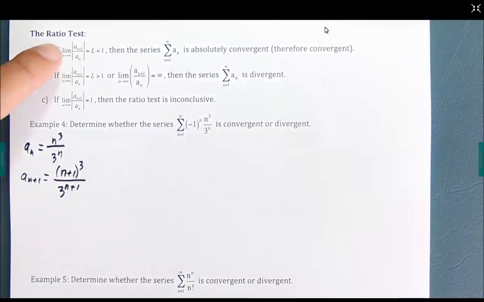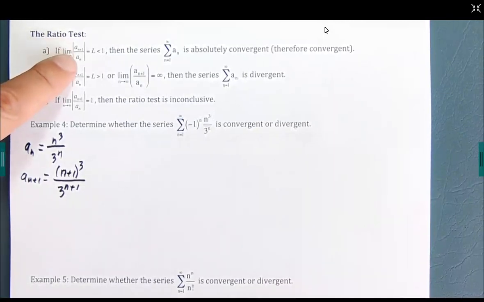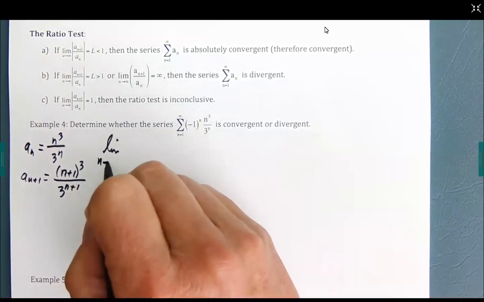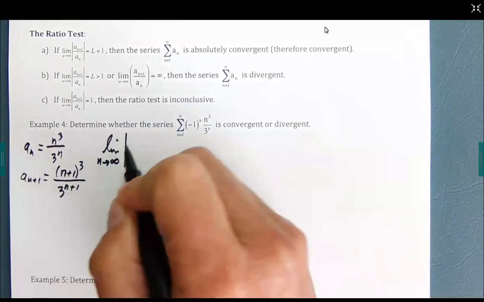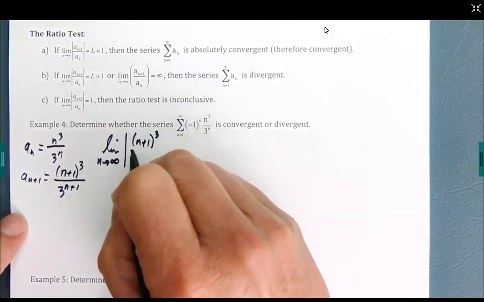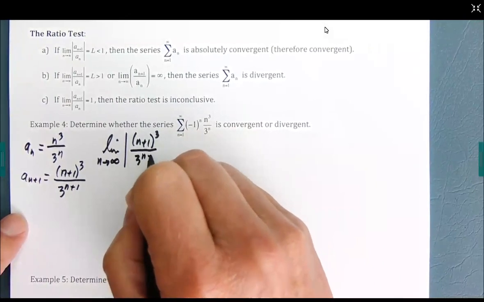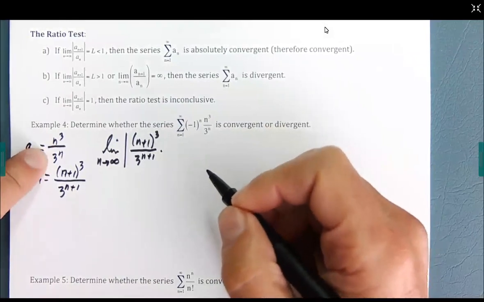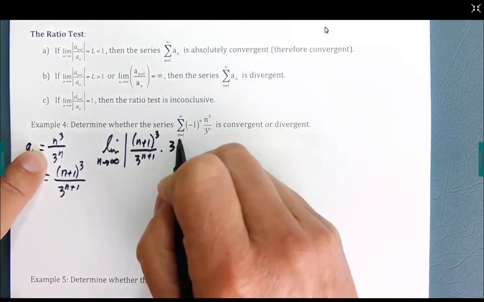Now, because I'm dividing, I'm going to actually multiply the a sub n by the reciprocal. That's just going to make it a lot easier. So let's do this. It's going to be the n plus 1 to the third over 3 to the n plus 1 times, and it's actually divided by that, so I'm going to multiply that by the reciprocal.